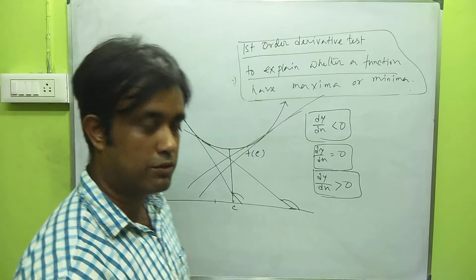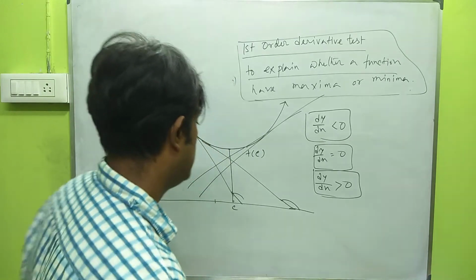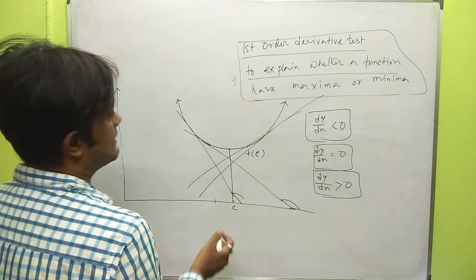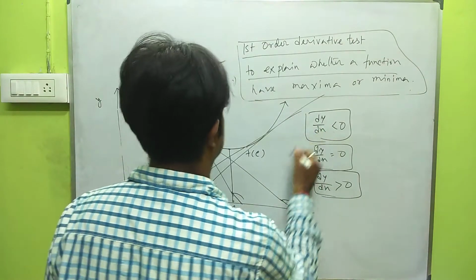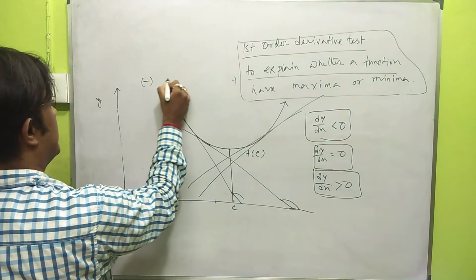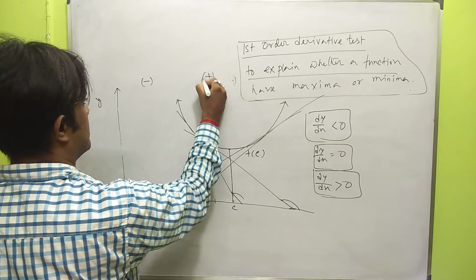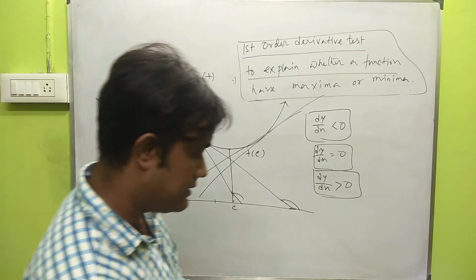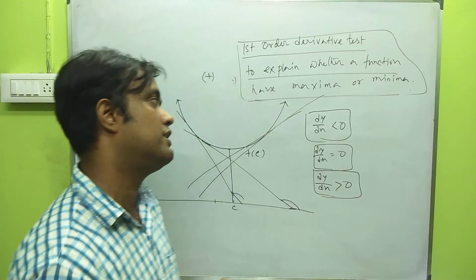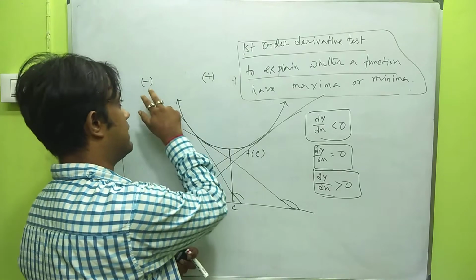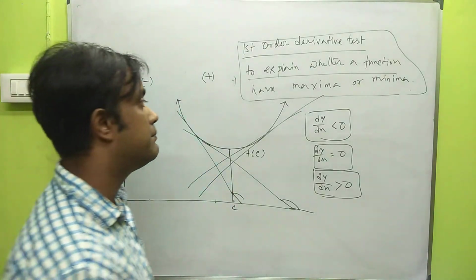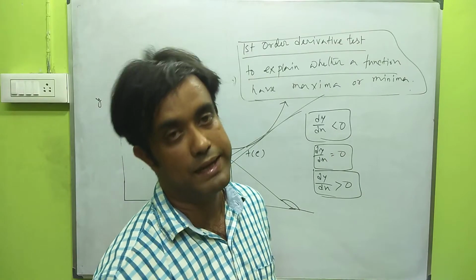So another conclusion is that if the sign of dy by dx changes from minus to plus, then the function must have a minimum value.